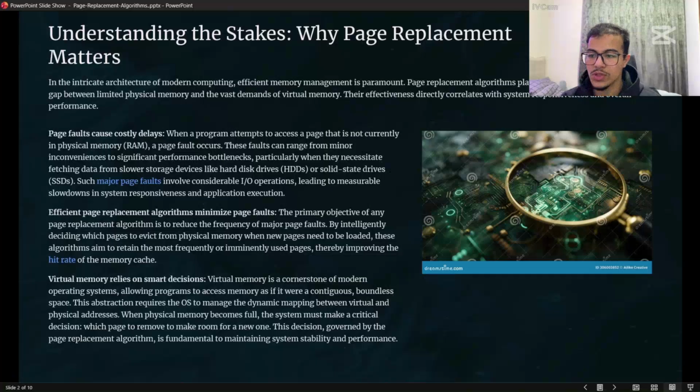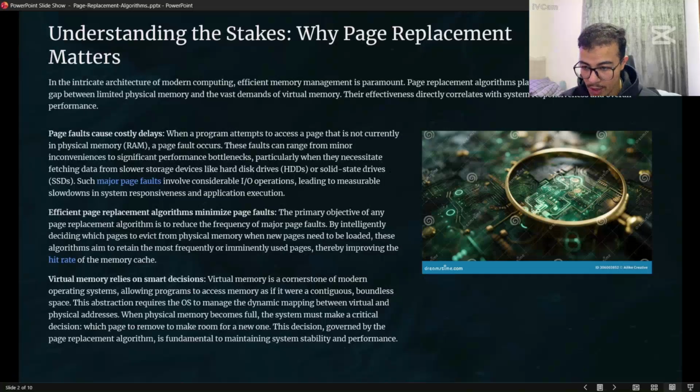Page faults cause costly delays. When a program attempts to access a page that is not currently in physical memory, a page fault occurs. These faults can range from minor inconveniences to significant performance bottlenecks, particularly when they necessitate fetching data from slower storage devices like hard disk drives, HDDs, or solid state drives, SSDs.